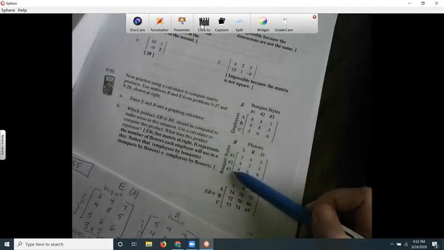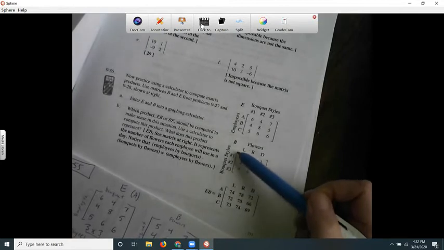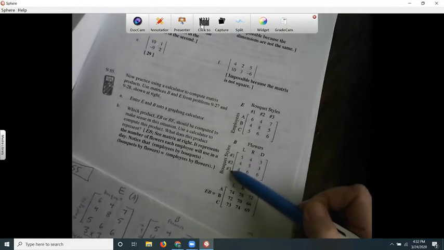So if you look at your matrices, this one, the rows are employees and the columns are bouquet styles. This one, the rows are bouquet styles and the columns are flowers.